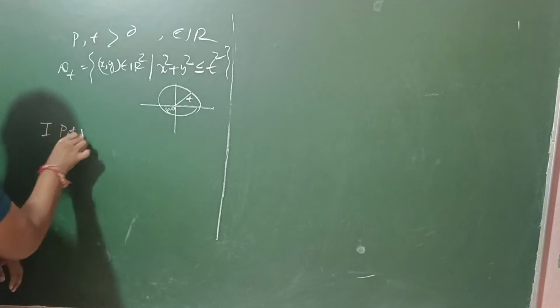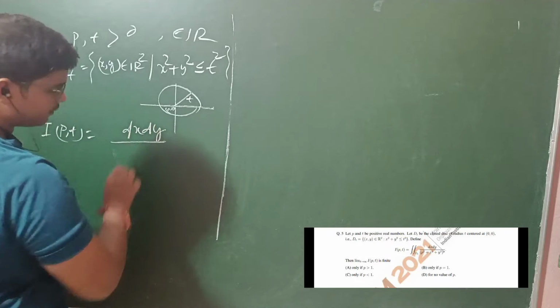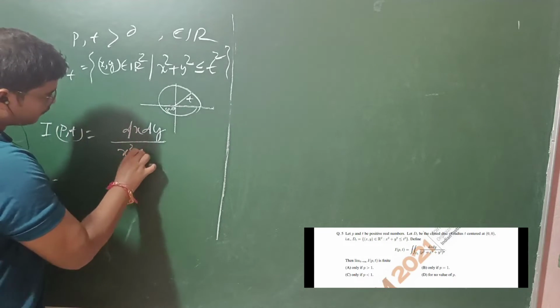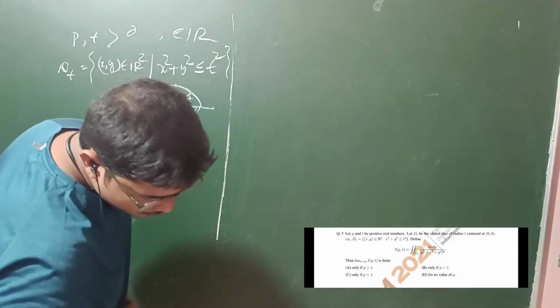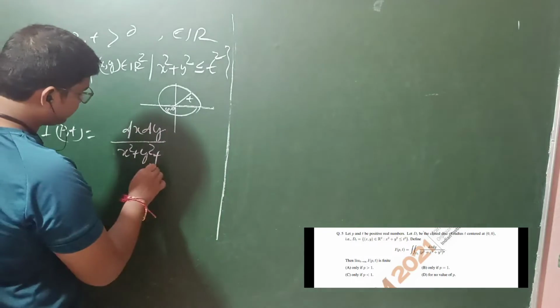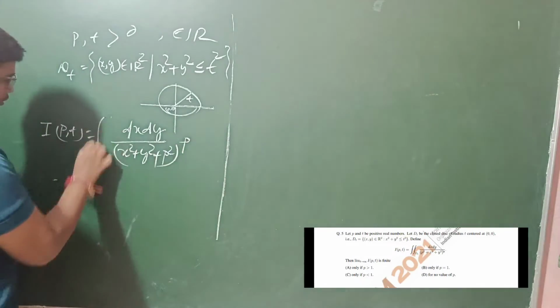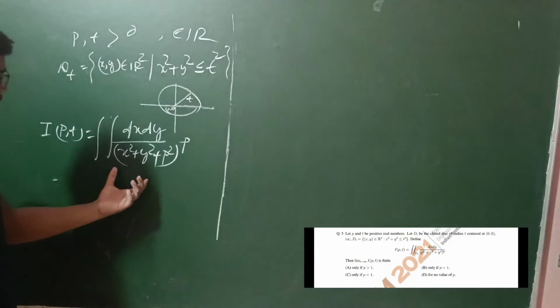Now given that I p t equal to double integration of dx dy divided by x square plus y square plus p square whole to the power p.